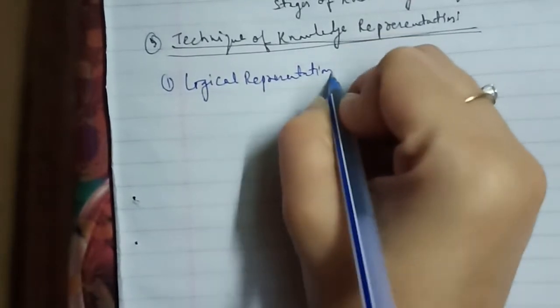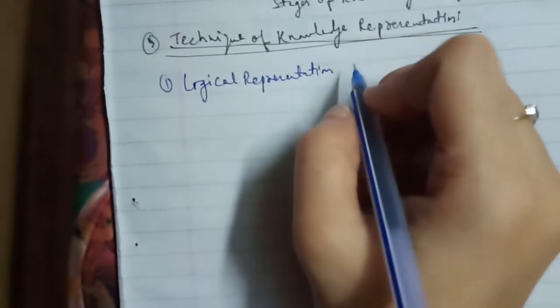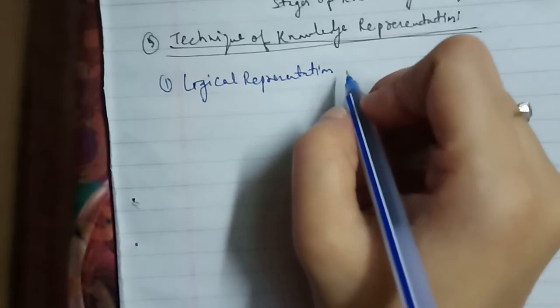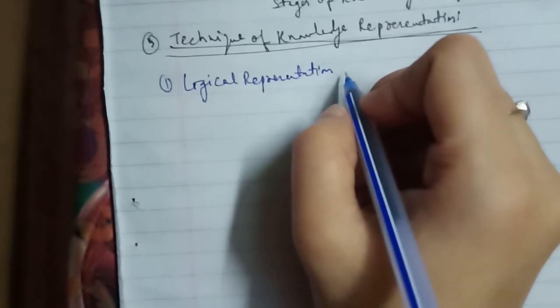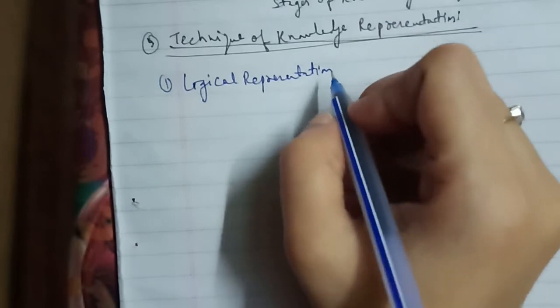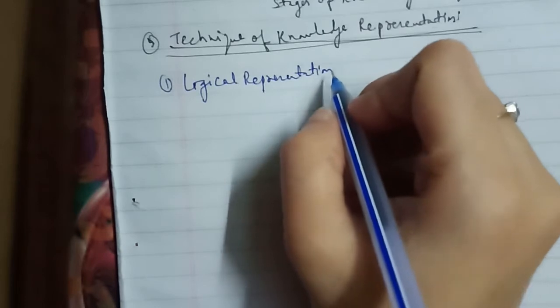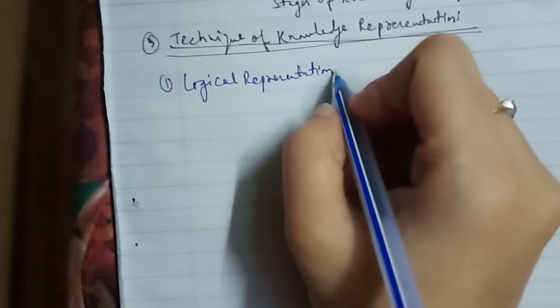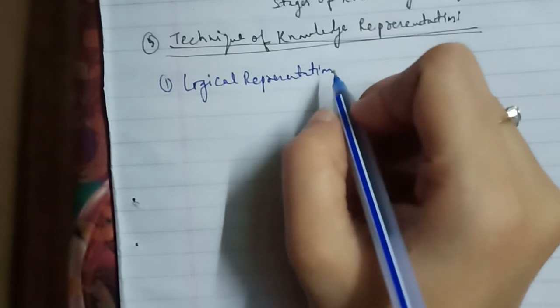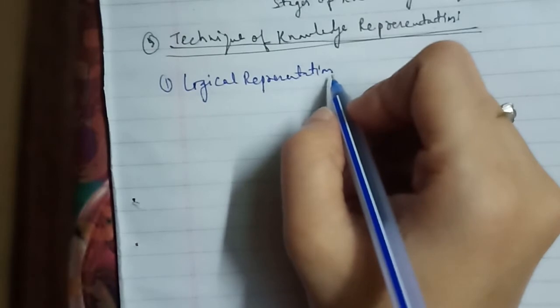In logical representation, the logical representation is a language with some concrete rules which deals with the proposition and has no ambiguity in representation. Logical representation means drawing a conclusion based on the various conditions, and it consists of precisely defined syntax and semantics which supports the sound inferences, and each sentence can be translated into logics using the syntax and semantics as well.